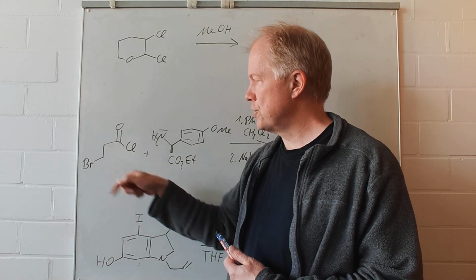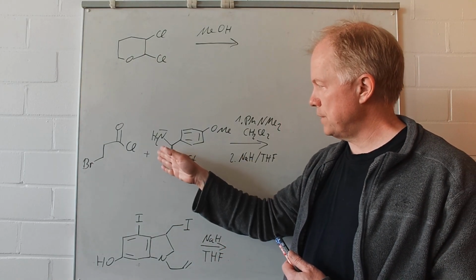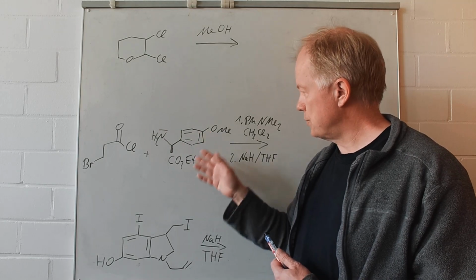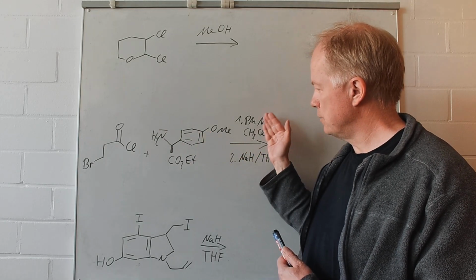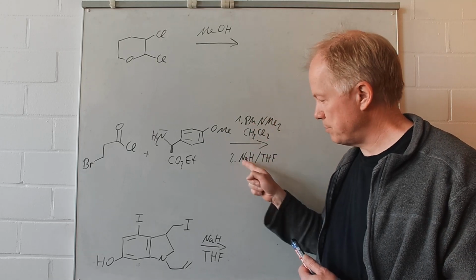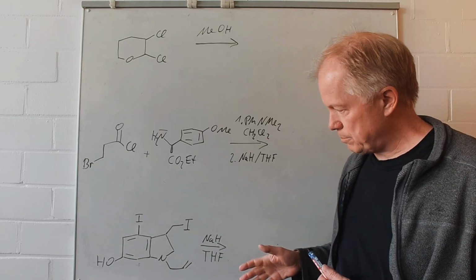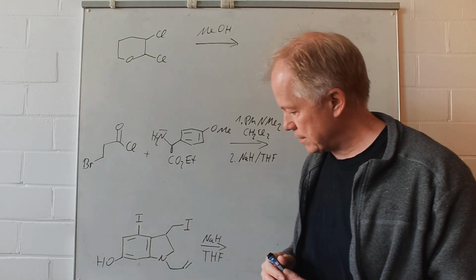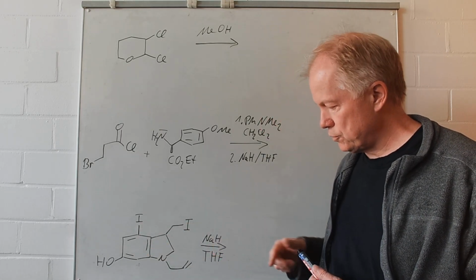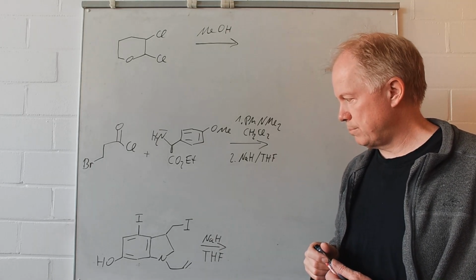Then, this functionalized acyl chloride will react with an amino acid ester in a two-step process, one step and the second step, and finally in a one-step process this heterocycle will react, with sodium hydride as strong base applied.